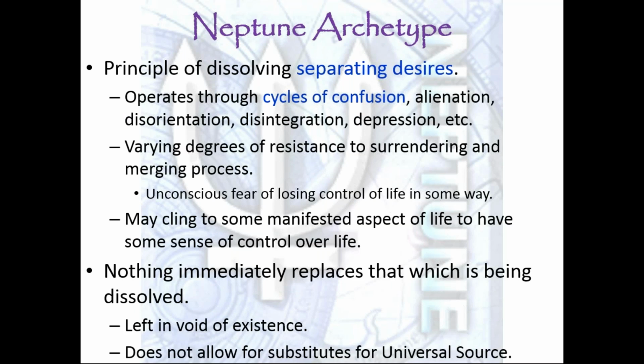So this Neptune archetype is the principle of dissolving the separating desires, because those barriers that keep us separate from or alienated from source are all of our separating desires. Now, we'll revisit this one next month with Pluto ruling the soul, square the nodes.